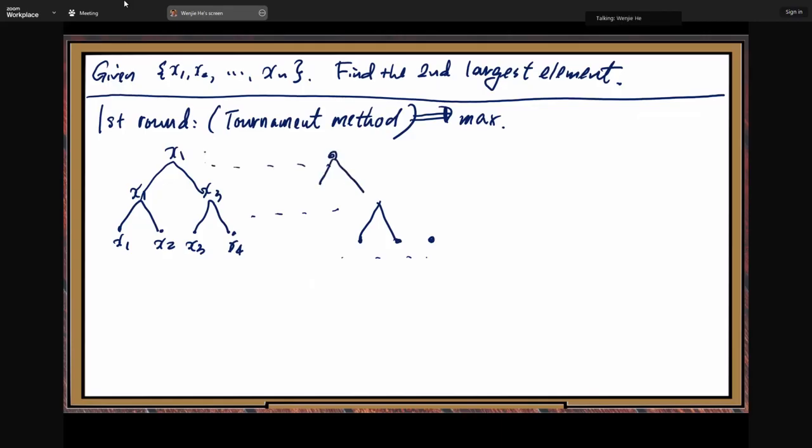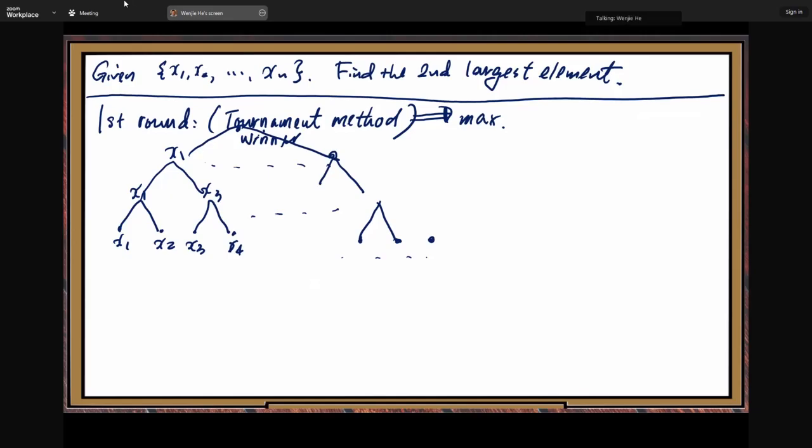But we know in the last, final championship game, there is a final winner. Eventually, we will get a final winner, right? Then, tell me, how many total comparisons do we need to get a final winner?